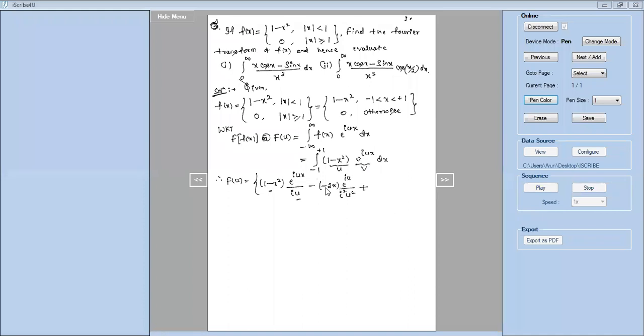Differentiate this, integrate this, next term will come. Differentiation of minus 2x is minus 2. Integration of e power iux is e power iux divided by i cube u cube.